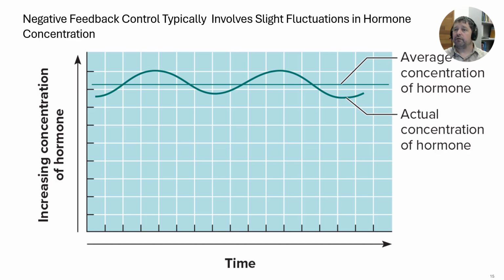So really it matters what type of hormone we're talking about, how long that hormone lasts, and what the effect of that hormone is. Sometimes these hormones can be very cyclic over an entire month. Sometimes they can be cyclic over a 24-hour period. But again, this is based on negative feedback control, sometimes positive feedback control, but mainly negative.